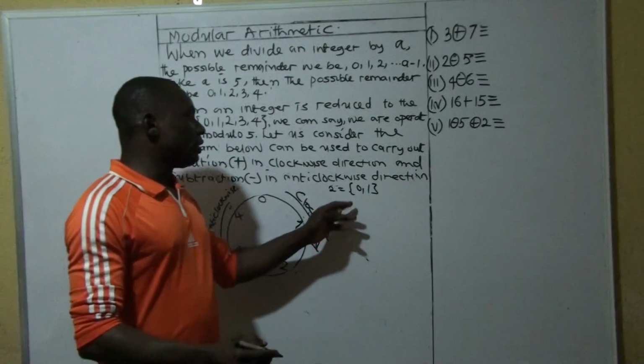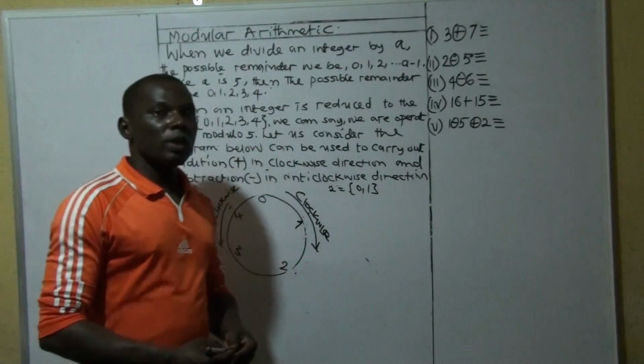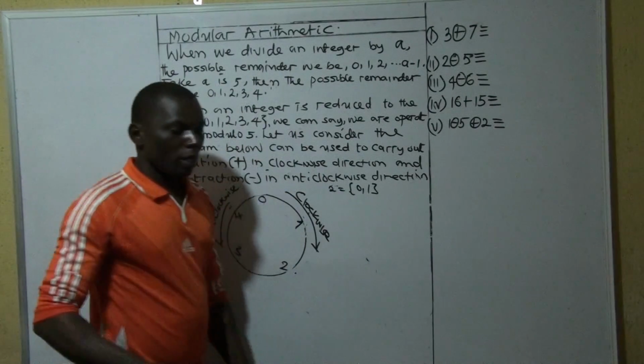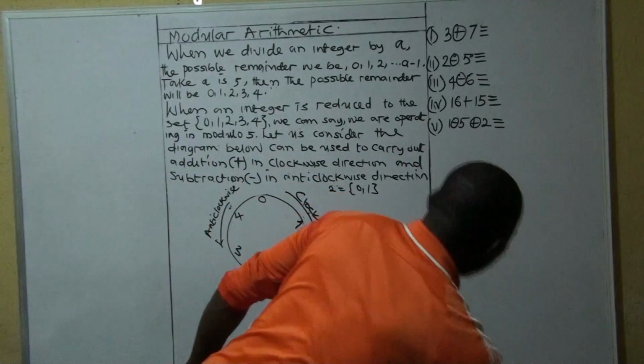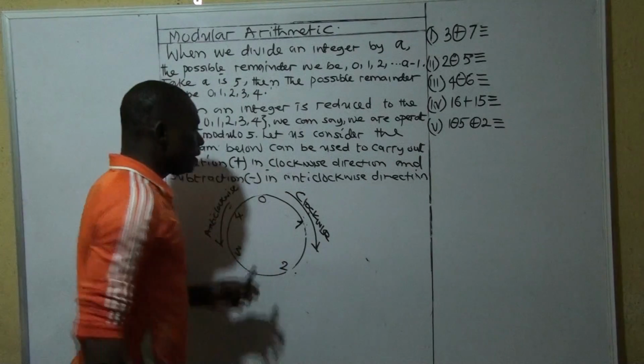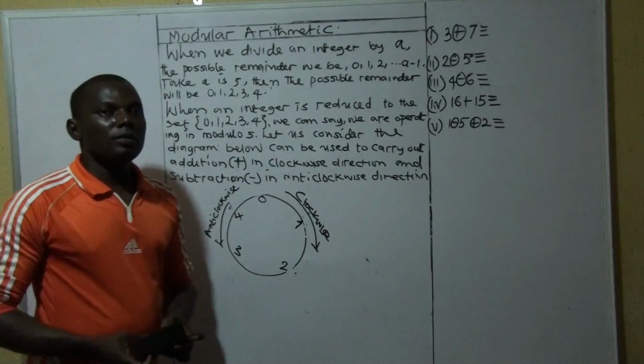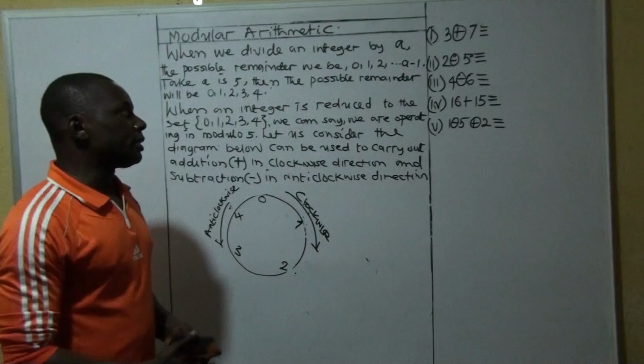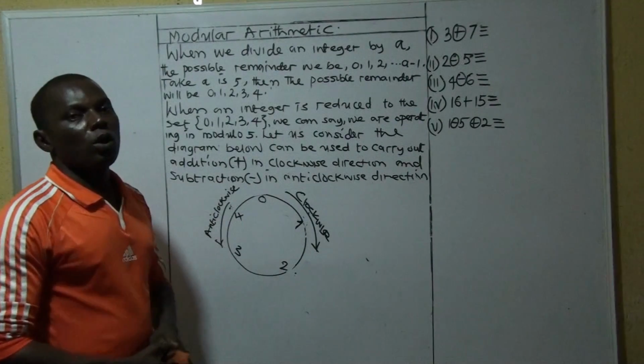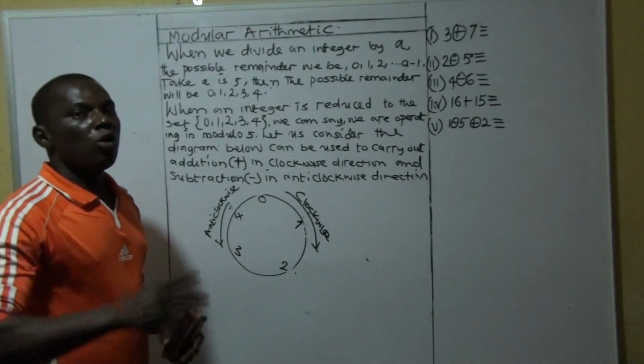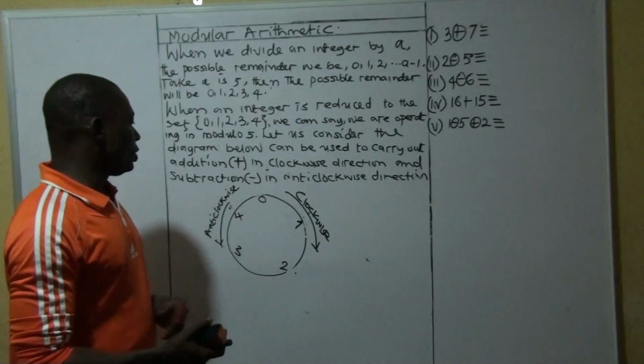In modulo 3 it will be 0, 1, 2, and so on and so forth. This diagram will help us to operate questions on modular arithmetic.